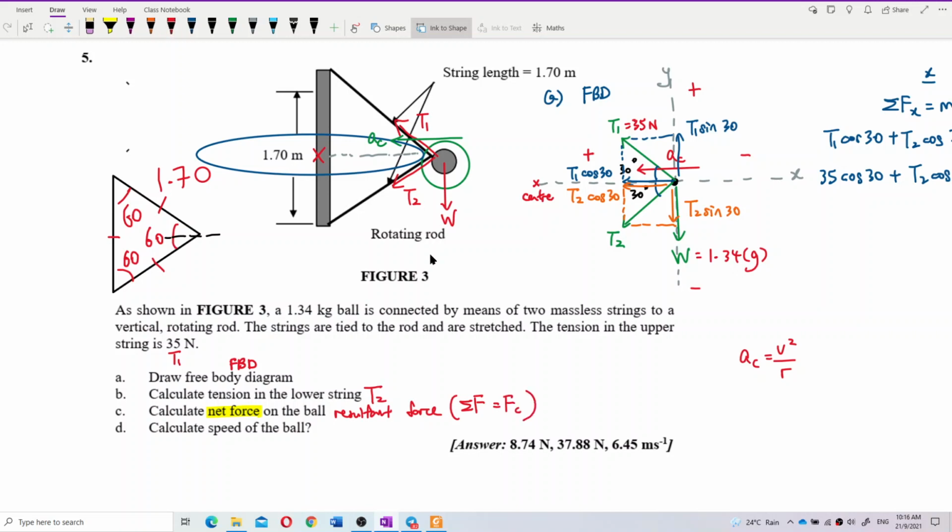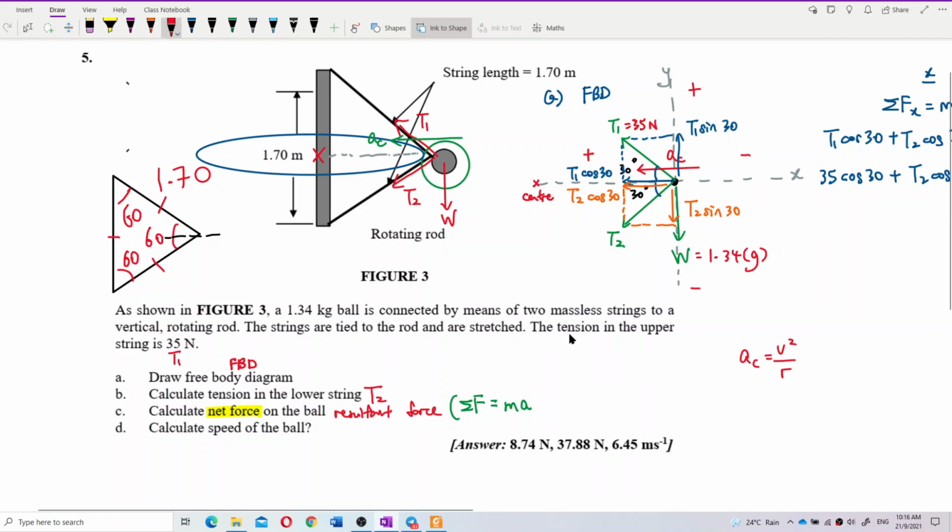We know the resultant force is what? Newton's second law. The resultant force, or net force, is ma.